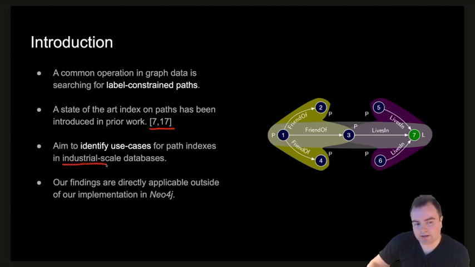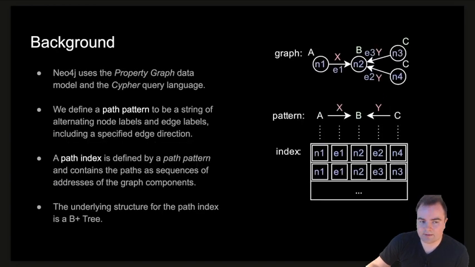So we're talking real queries, real graphs, queries which are complex, and graphs which are very large. What we discovered in this work is, of course, also applicable to implementations outside of Neo4j. In this work, we prove that such an implementation is possible in an industrial grade system such as Neo4j.